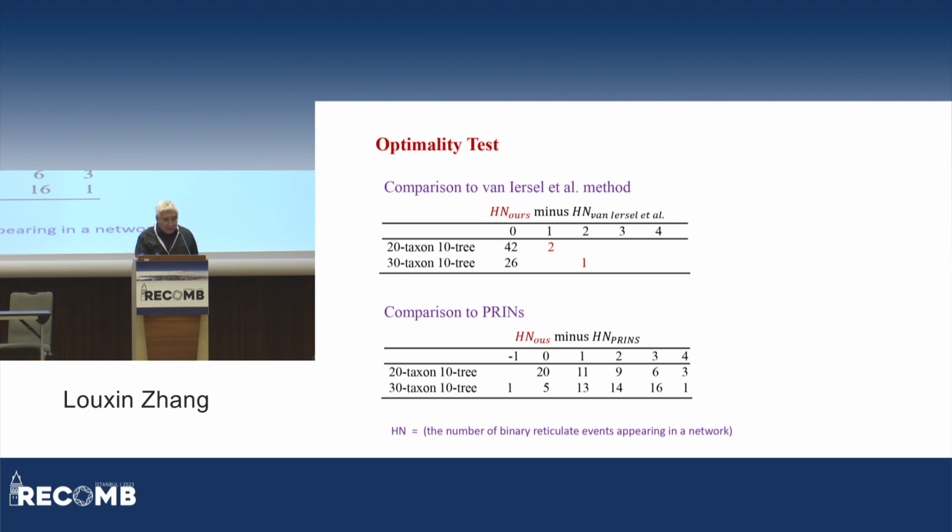For the Prince comparison, because Prince outputs arbitrary networks by definition, Prince always performs better than our method. So therefore, in terms of optimality, our method is not good enough.